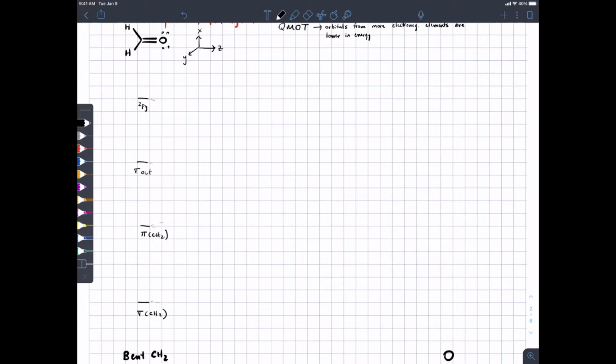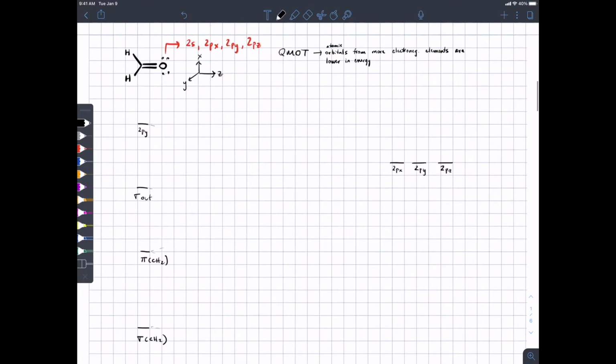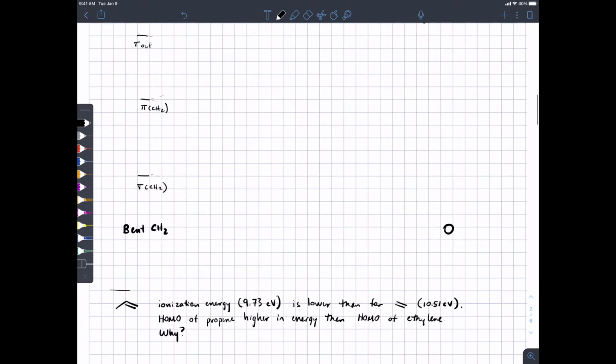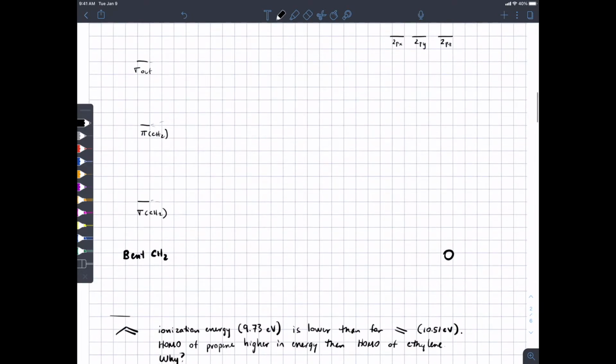So let's put them here. Say the 2px, the 2py, and the 2pz. Similarly, we expect the 2s orbital from oxygen to be lower in energy than the 2s orbital from carbon.